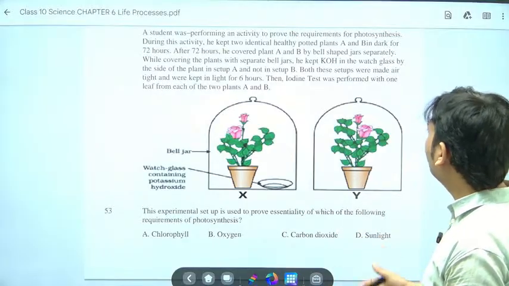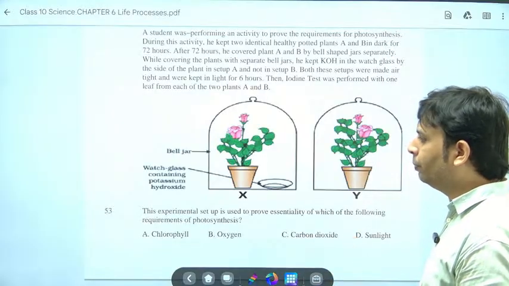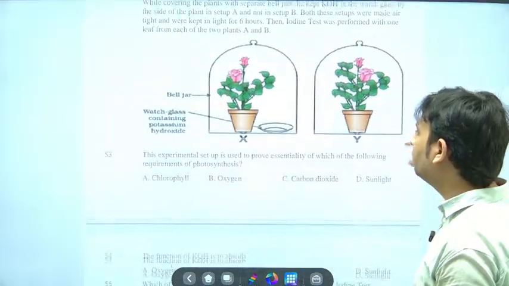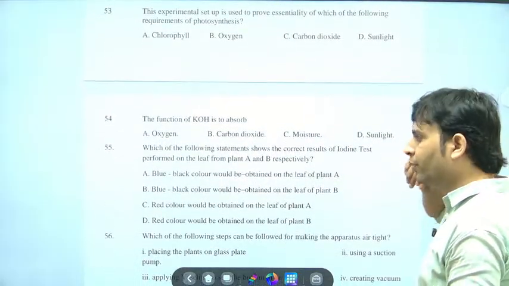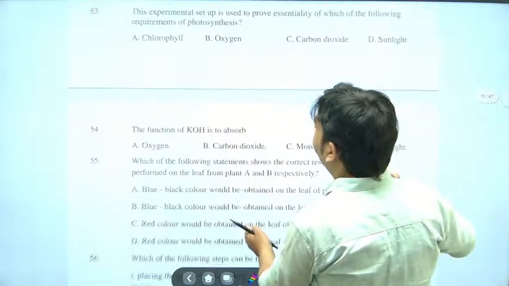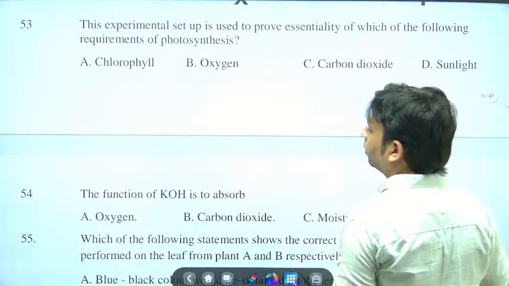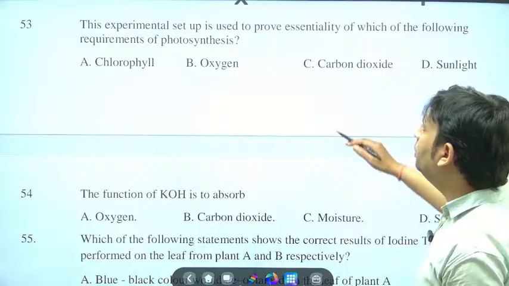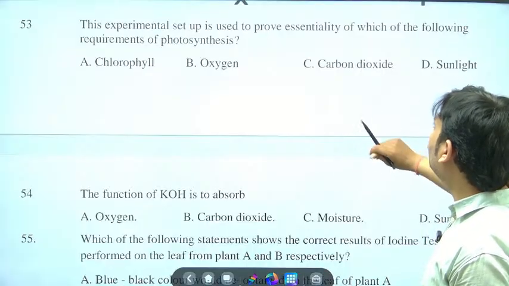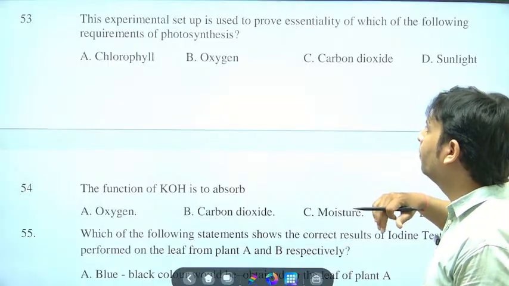Then an iodine test was performed with one leaf from each of the two plants, A and B. So the question here is: this experimental setup is used to prove the essentiality of which of the following requirements of photosynthesis?